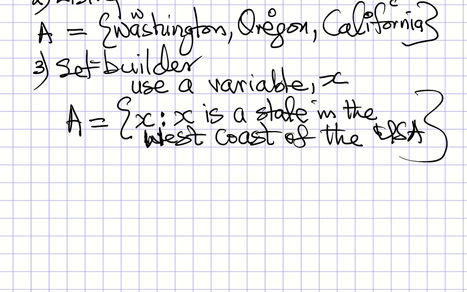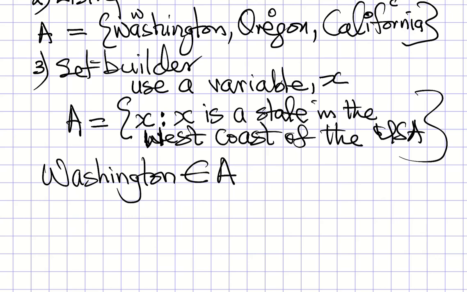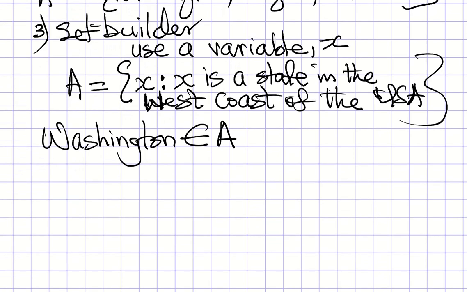You remember yesterday we talked about the elements, the membership, the members of a set, right? So basically, you can say that Washington is a member of set A. That's what that means.